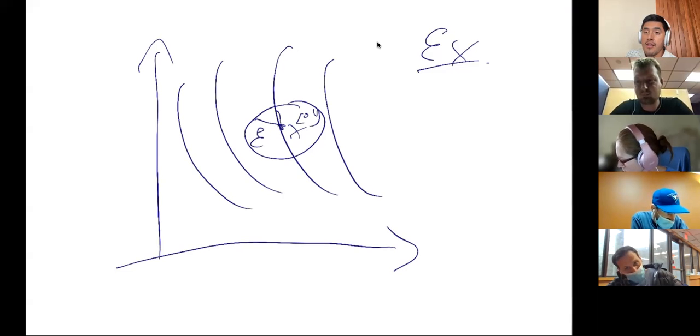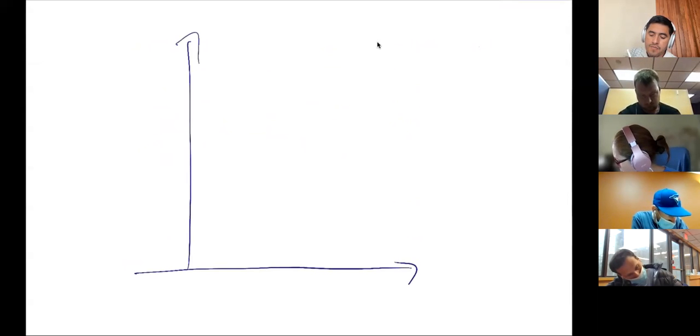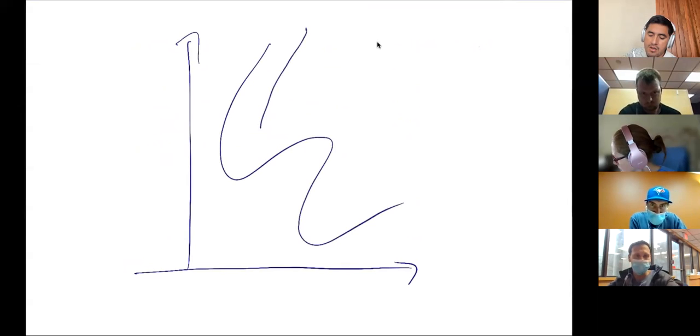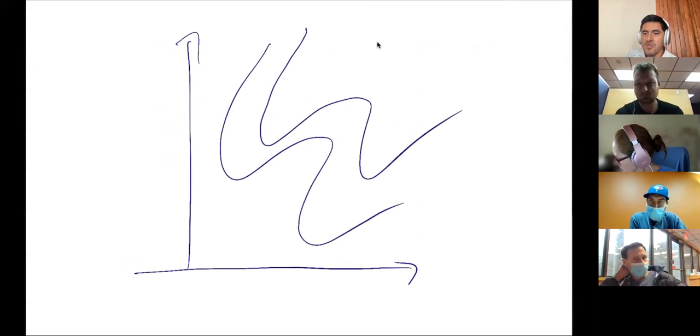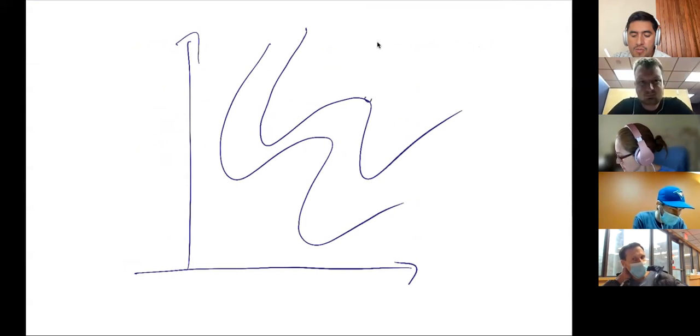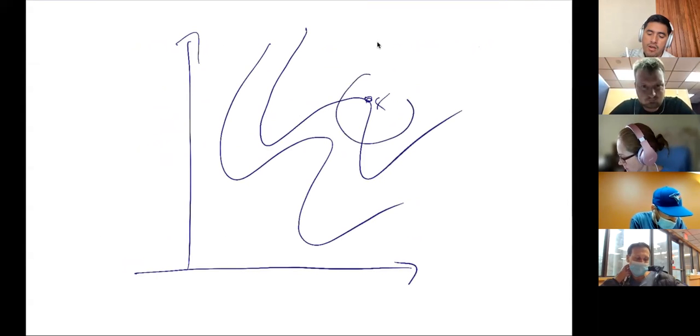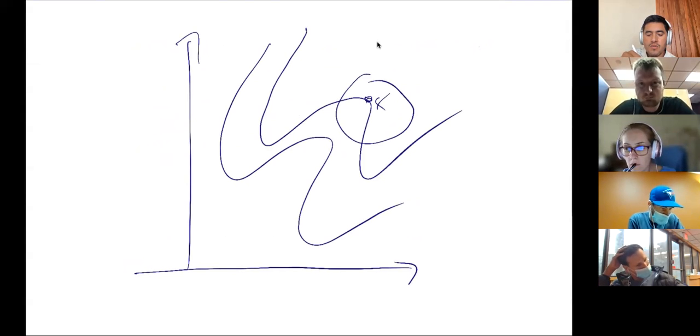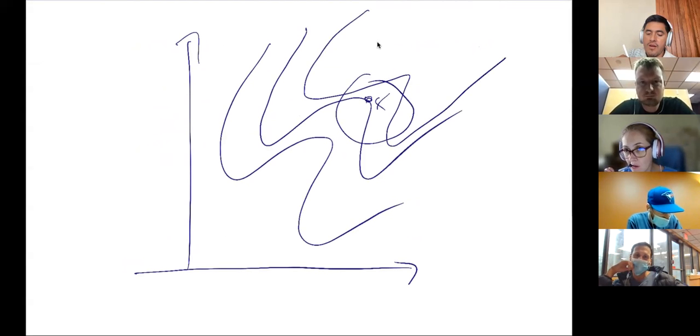Now, another example. Local non-satiation doesn't mean monotonicity, and this is an example in Mas-Colell. He always likes these wavy indifference curves. So for instance, take something X here, and now you can draw a ball here, and you can see that by doing these indifference curves, you can find something that is better than X, for instance this Y here, and this is better than that.